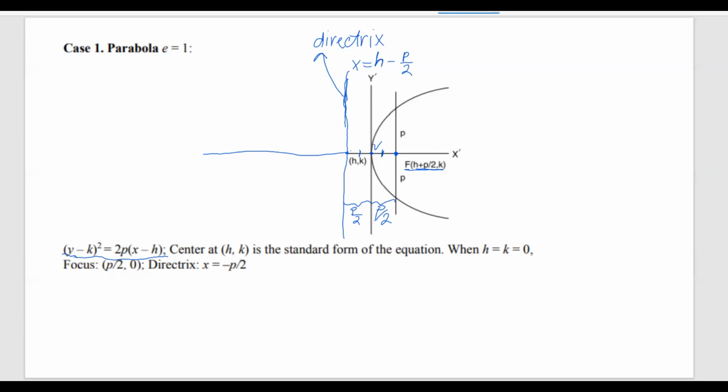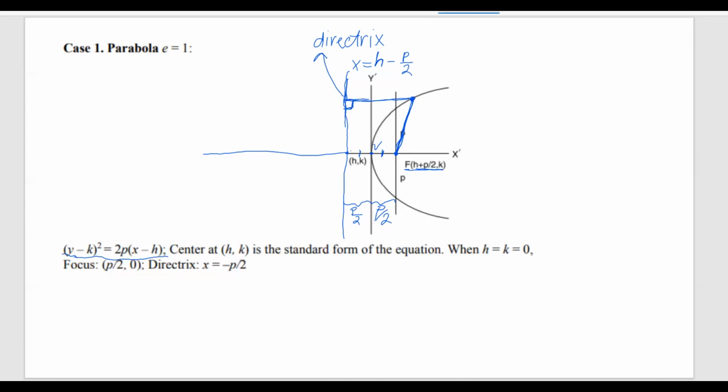The relation between focus and directrix tells us that if you take any point on the parabola, hope you can see this, let's take this point over here, and I go from the focus to this point on the parabola, this distance here is equal to the distance from that point on the parabola to the directrix. And of course, here on the directrix we have a 90-degree angle.